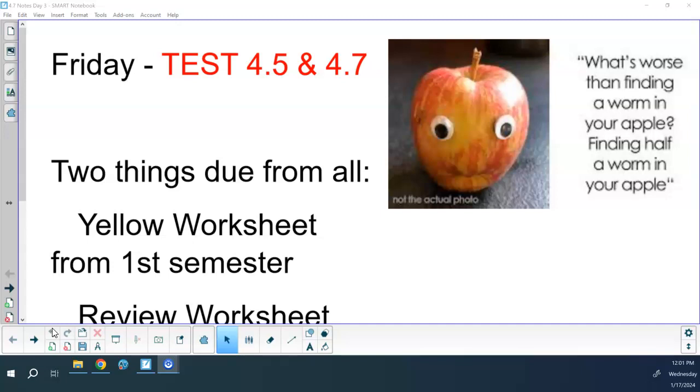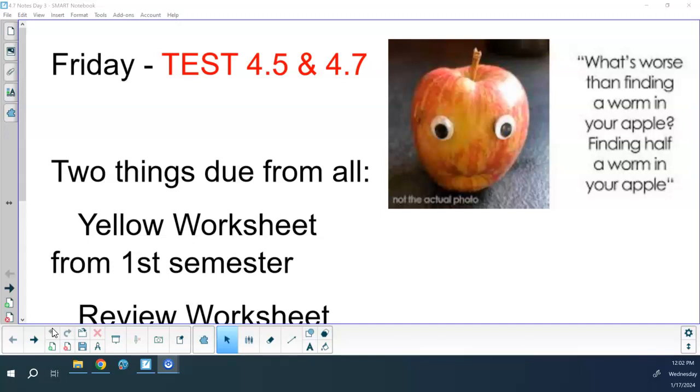So much so that you're going to have a test this week Friday. Today's Wednesday, tomorrow's Thursday, you're going to have a test on Friday. It's going to cover 4-5, which was graphing tangents, graphing cotangents, graphing secants, graphing cosecants, and I think that was it.